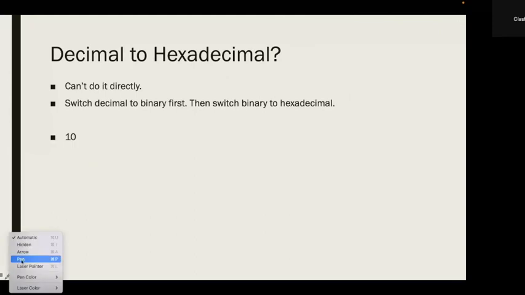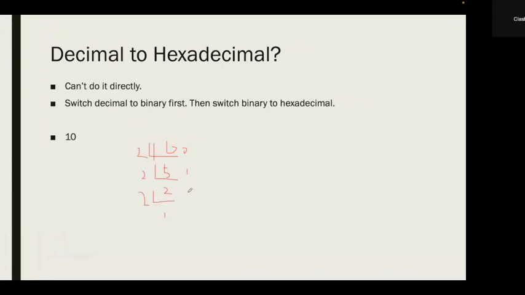So first we want to switch 10 into a binary number. We use the method we learned before: keep dividing by 2 until we hit 0. So 10 divided by 2 is 5, remainder 0, then 2 divided by 2 equals 1, remainder 0, and divided by 2 again, 0 and 1. So we have the number 1010.